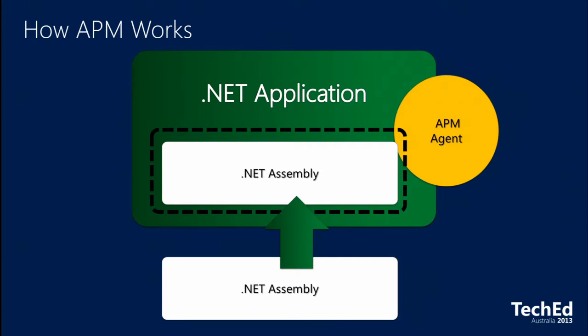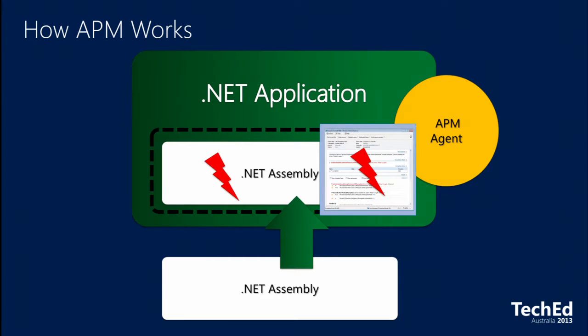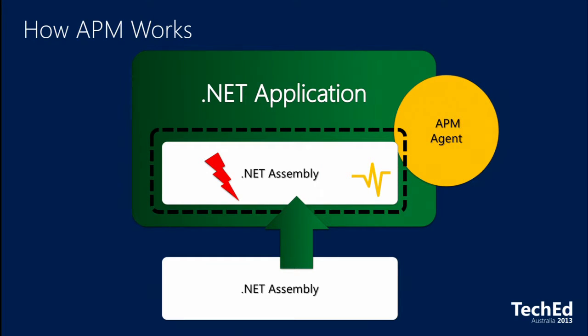You then deploy your .NET app onto the server. The APM agent then starts monitoring the application based on all the stuff that you configure in SCOM. And then it monitors for any exceptions or performance errors that come up that you've specified. And then sends that from the APM agent into the SCOM management server.